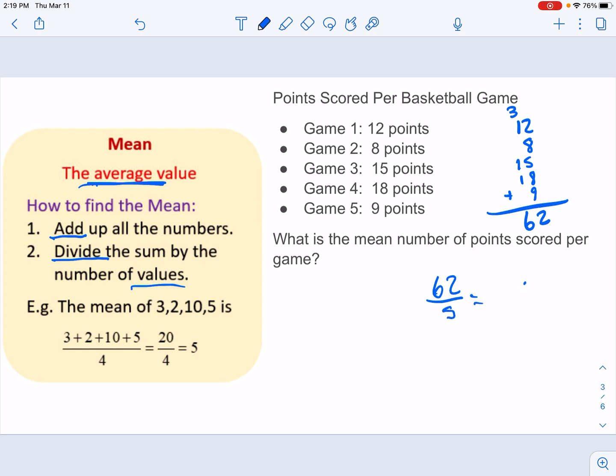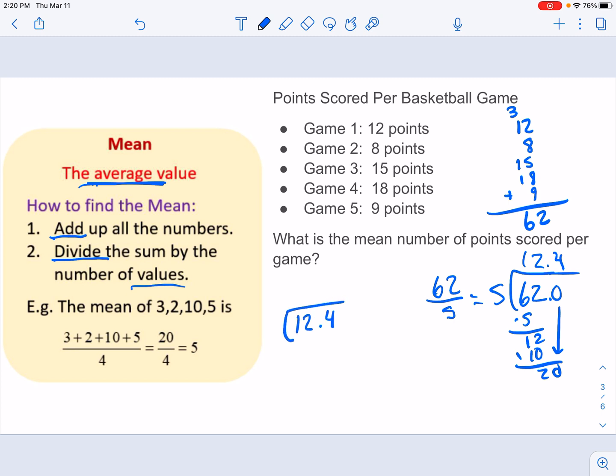Okay, so 62 divided by 5. Okay, so we get 12. Bring down our decimal. So the average score, or the mean points per game, would be 12.4 points per game. And that's how we find the mean.